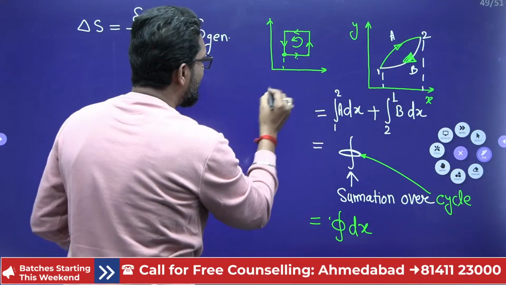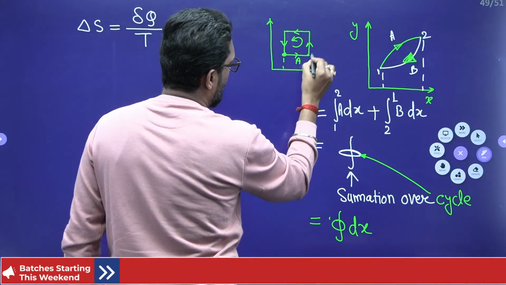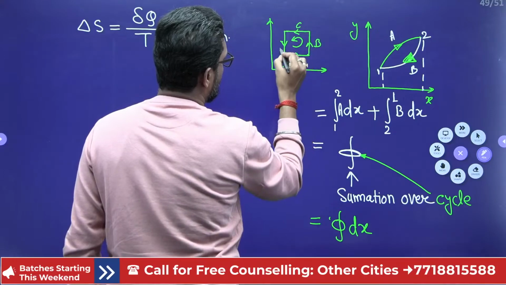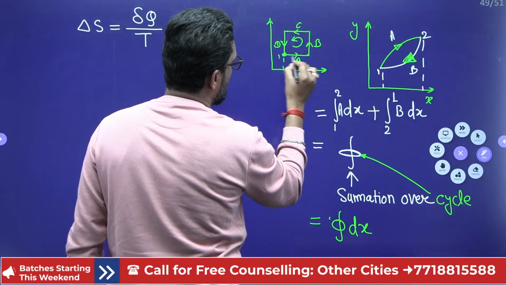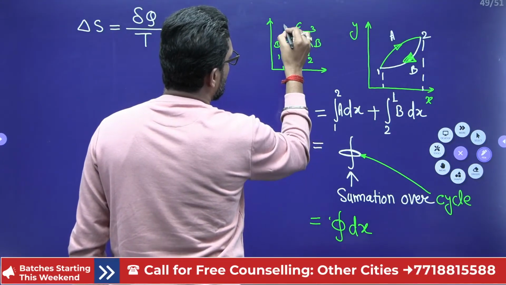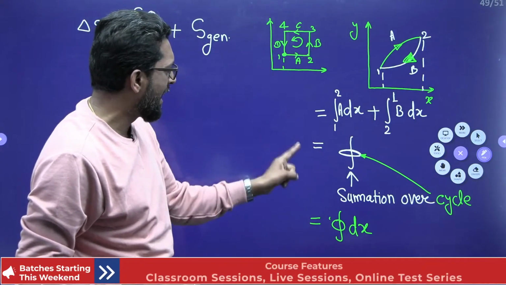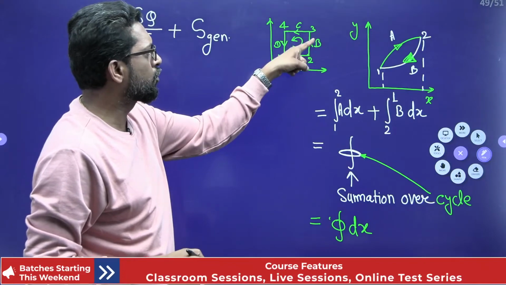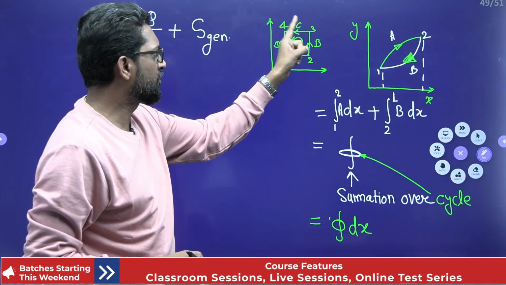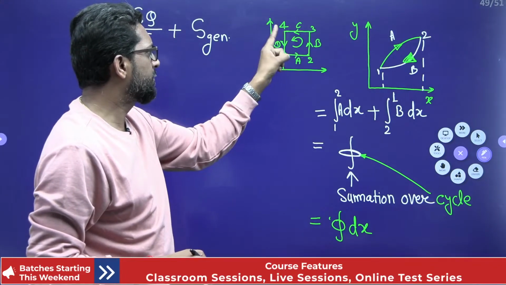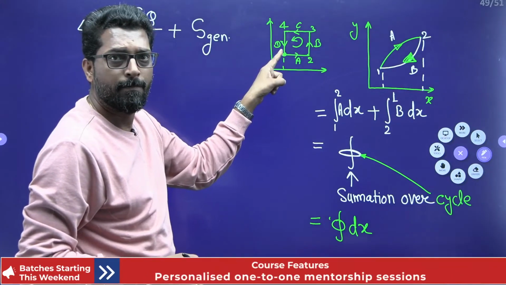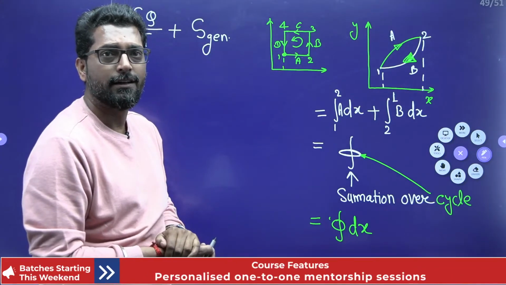That means finally it is at this point. So if we write process A, process B, process C, process D, that means this is 1 to 2, 2 to 3, 3 to 4. So if we write process 1 to 2 via path A, plus process 2 to 1 via path B, plus process 3 to 4 via path C, plus process 4 to 1 via path D. And that are all the integration, summation.